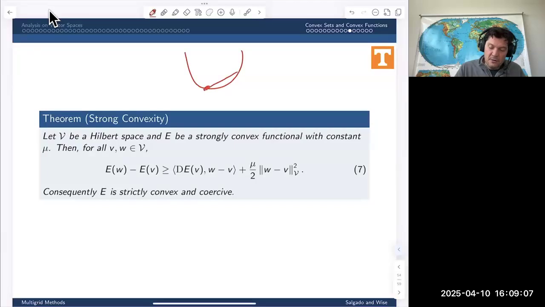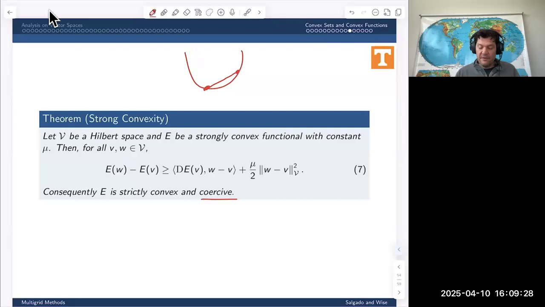Remember that if we draw a secant line, it always lies above the curve. So that's what we mean by strictly convex. What we mean in that case is that the secant line is always strictly above the graph of the strictly convex function.